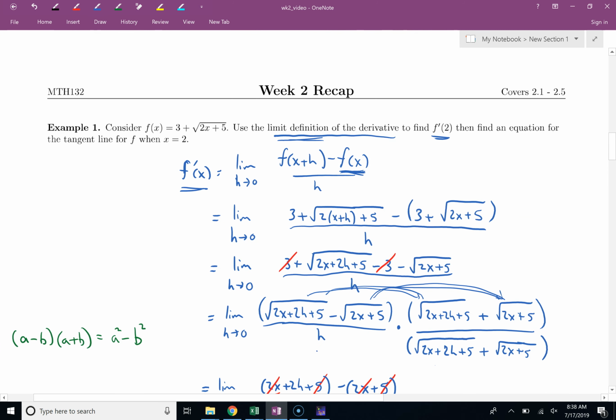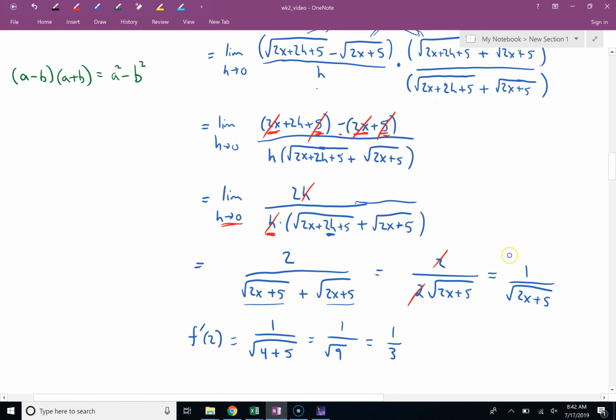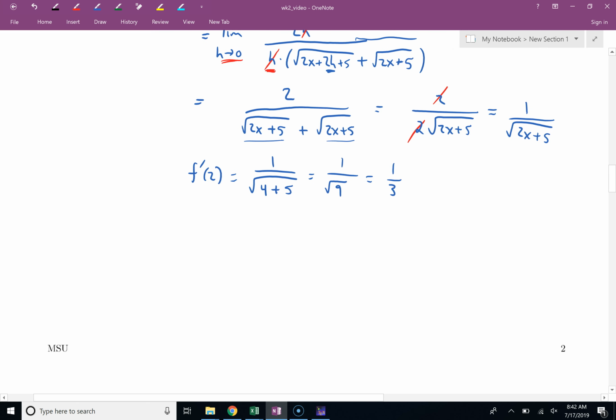But everything's much faster. Now that we have this derivative formula, all of this stuff will be going fairly quickly. So what we want to do next is find the equation for the tangent line of f at x equals 2. And so for this, we need to remember the equation of a line. And this is kind of back in our algebra days. You may have seen it written a few different ways.